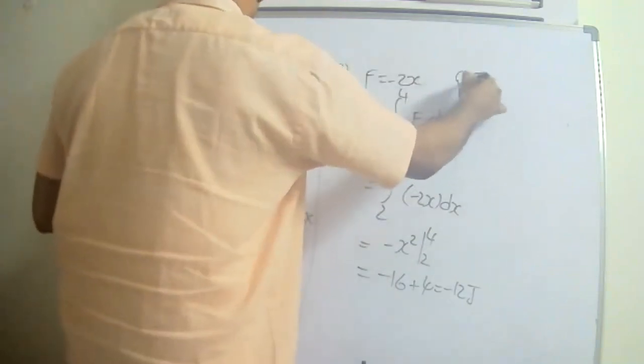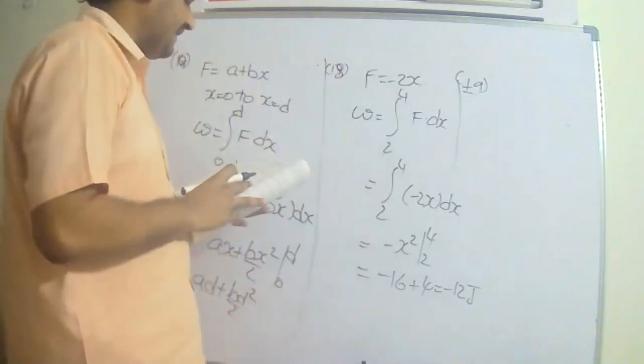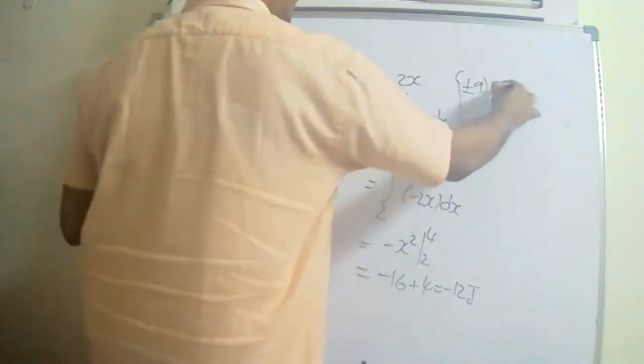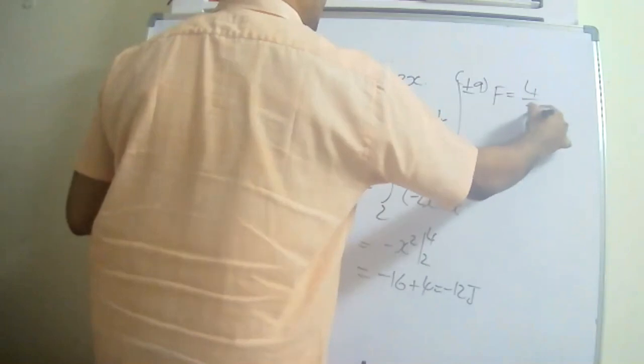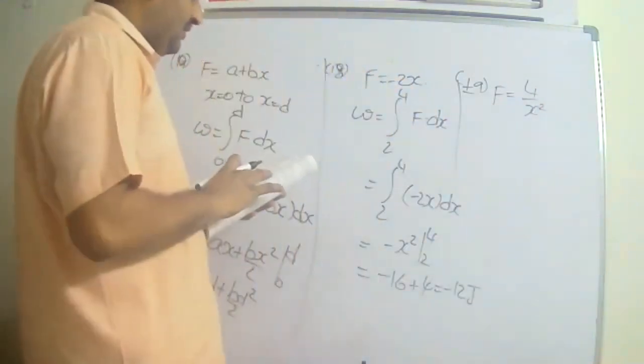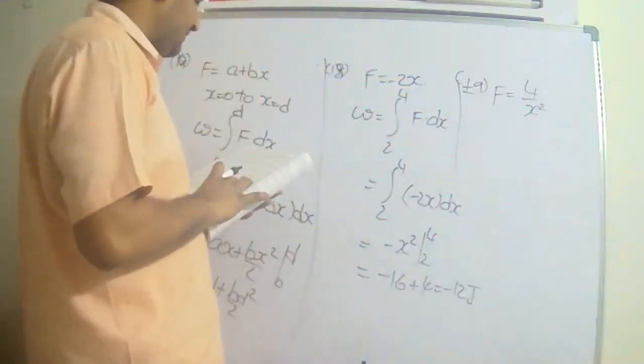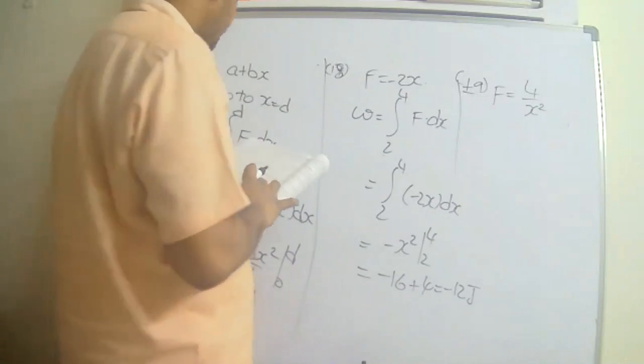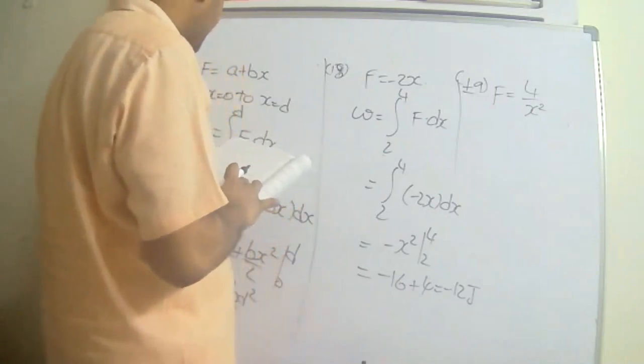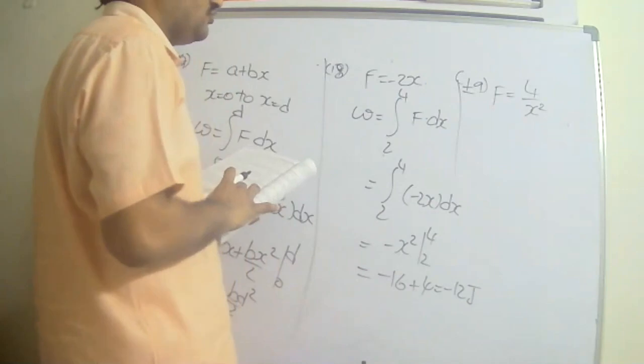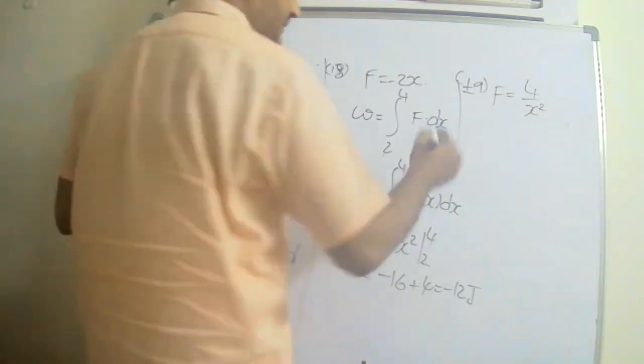Next, the 19th one. A block is constrained to move along the x-axis by a force given by 4 by x square, where F is in newtons and x is in meters. What is the work done when it moves from 4 meters to 2 meters? This is the reverse direction.